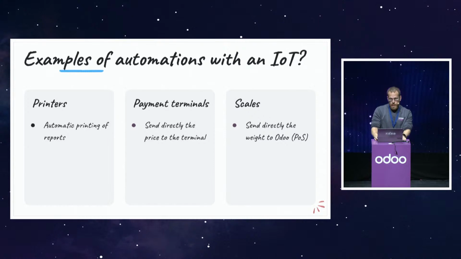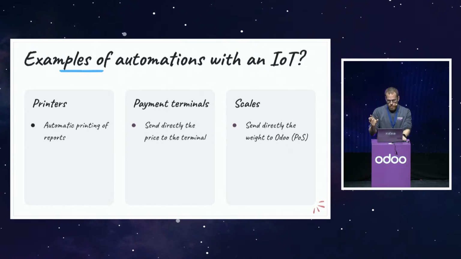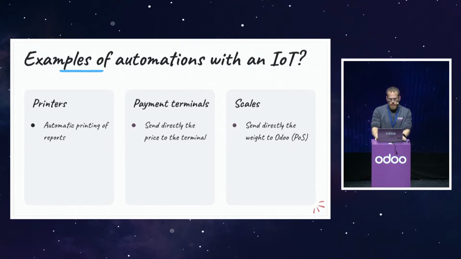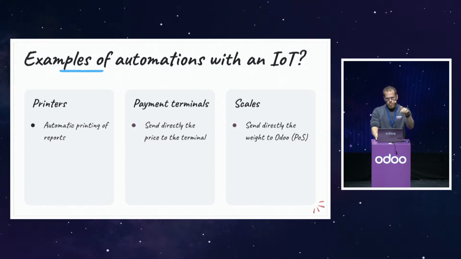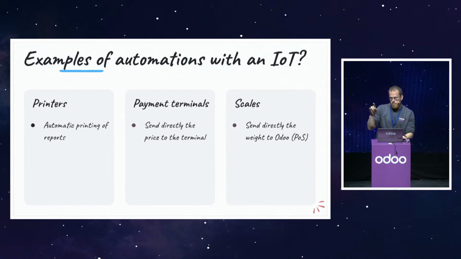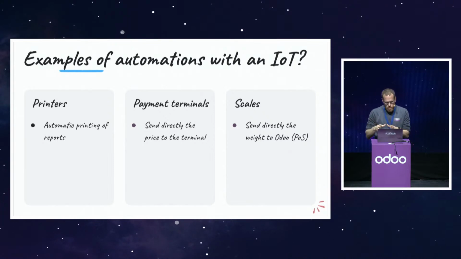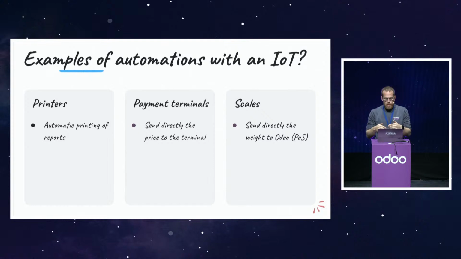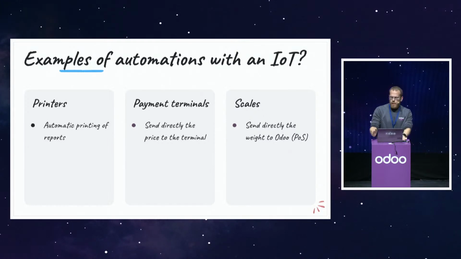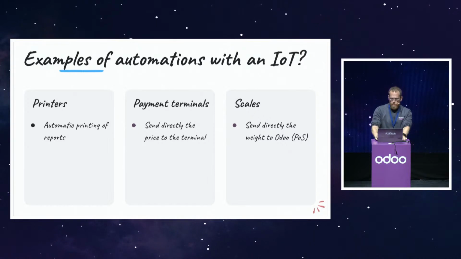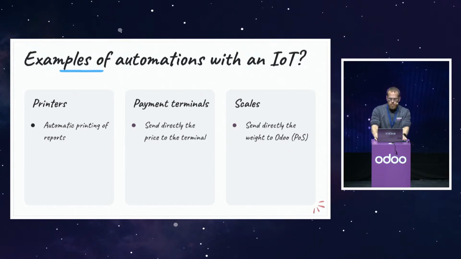But if you link the terminals to the point of sale, and to Odoo, of course, then every time you say, OK, I want this order to be paid, it will be sent directly to a terminal with the correct amount, and you will just have to put the card and everything is done. And it will obviously send back the payment status to Odoo.